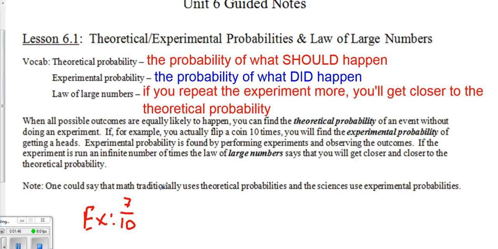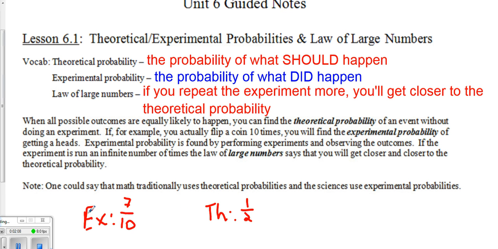Well, in theory, the theoretical probability is that 50% of the time, or let me use TH, theoretically, 1 out of every 2. There's one way to get heads, 2 ways possible, heads or tails. When we ran the experiment, though, we got 7 heads out of 10 flips.